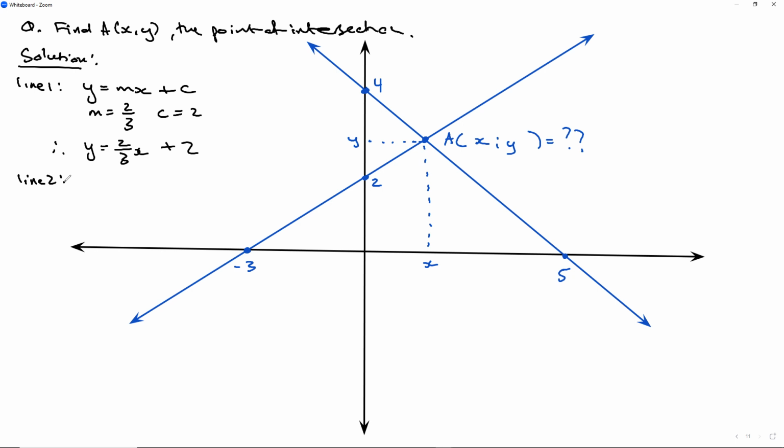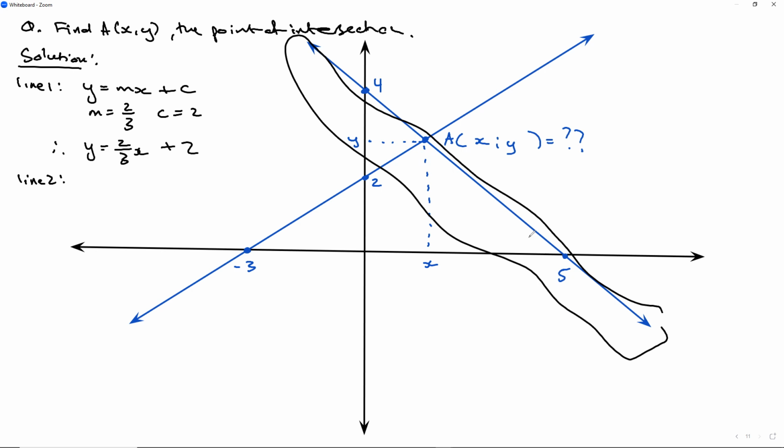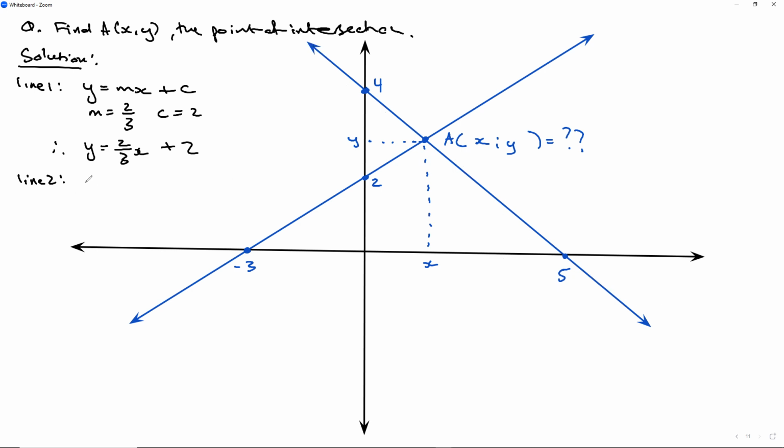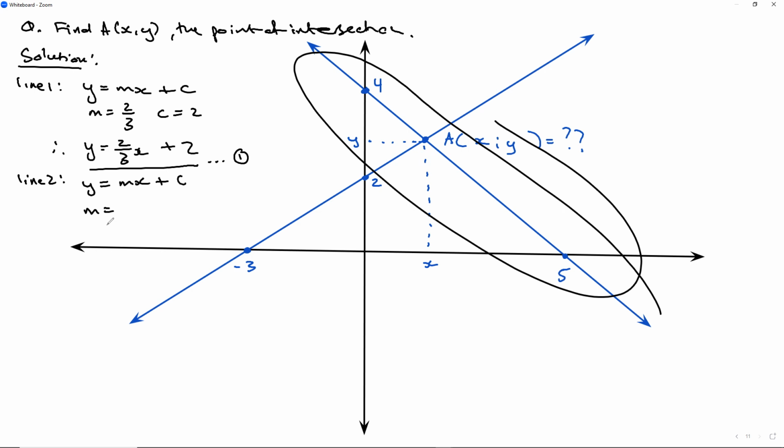All right, then I've got line 2, which is this line over here. Again, following the same trend, y equals mx plus c. So this was the first line, I call it equation 1. The gradient for the second line would be a negative number.